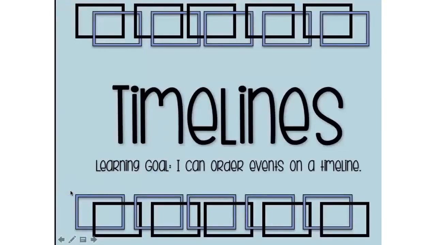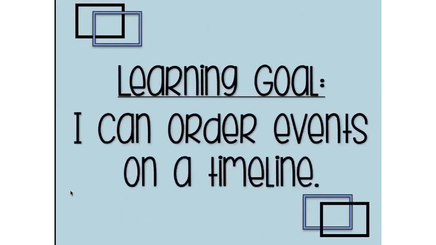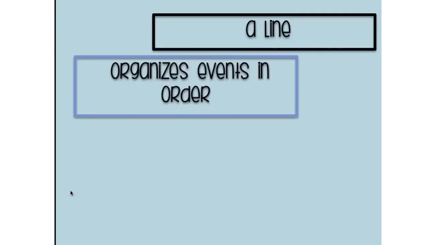Hi friends, today's lesson is all about timelines. Our learning goal for today says, I can order events on a timeline. Okay, so what is a timeline? Well, a timeline is exactly what it says. It's a line, a big long line, and what it does on that line is an important work. A timeline organizes events in order. When we talked about retelling a story, we talked about the events, or the things that happen in the story.